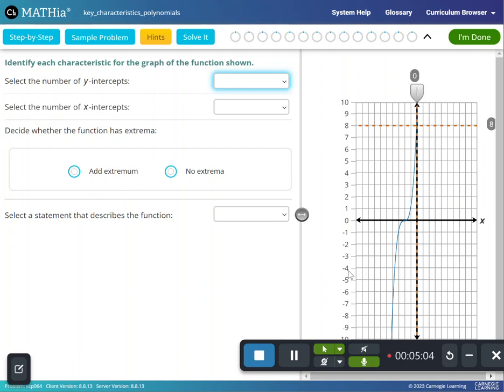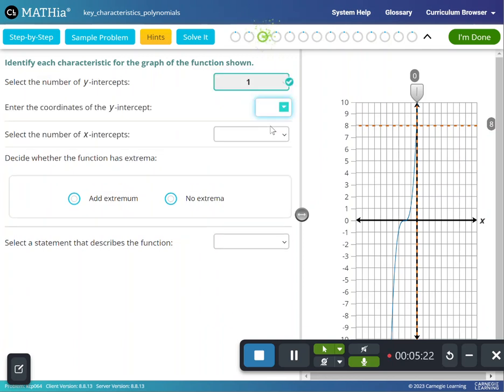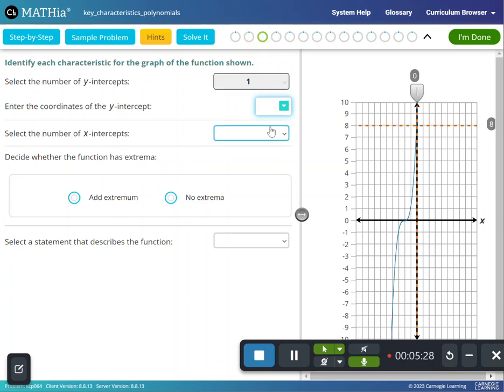Okay, this time we're looking at some other characteristics. They want to know the number of y-intercepts and x-intercepts. Those are also characteristics. Looking at this graph, I can see there is one y-intercept, and there should only be one y-intercept at most, because if there's more than one y-intercept, it's not a function because it wouldn't pass the vertical line test. Okay, enter the coordinates of the y-intercept.